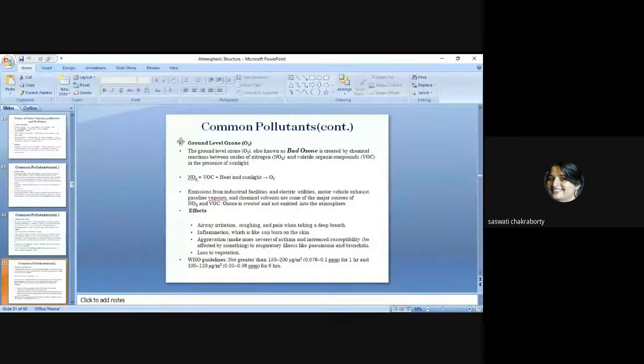Now this is ground level ozone. Is this slide visible? I think the font is quite small because I had to incorporate a lot of data. Yes, visible, Shashwati. You can make it full screen also. I can.